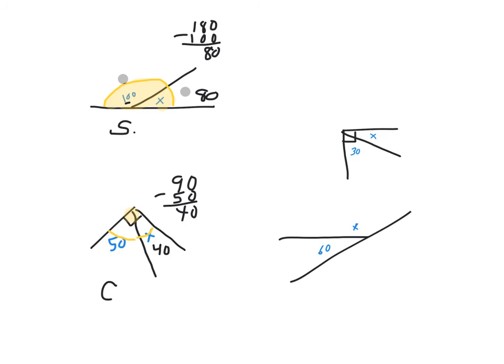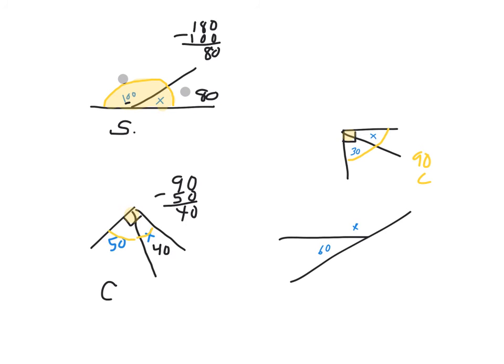Okay, now let me show you the algebra way now. Let's take a look at this. This one, I notice a 90-degree angle right there. That means that this angle plus this angle are going to add up to equal 90, and they're complementary.